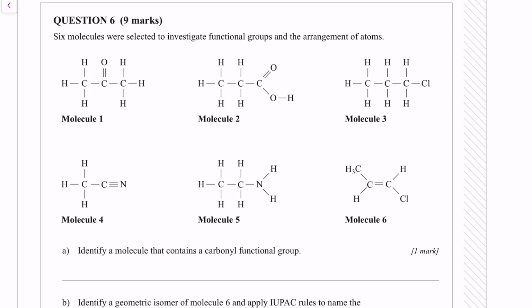Part A, identify a molecule that contains a carbonyl functional group. Okay, so in our molecules, we can sort of eliminate or choose which ones we're thinking about. So carbonyl, again, that's the C double bond to O. So we just need to know that.